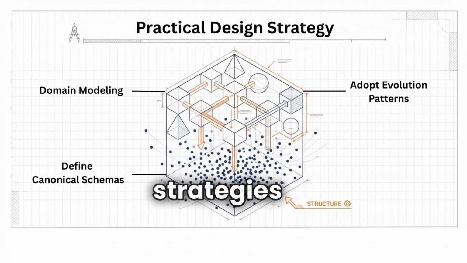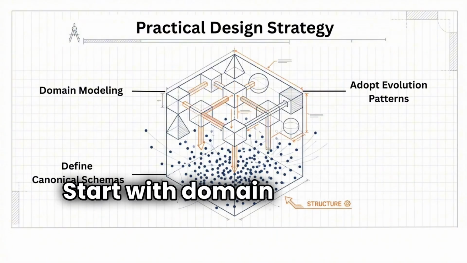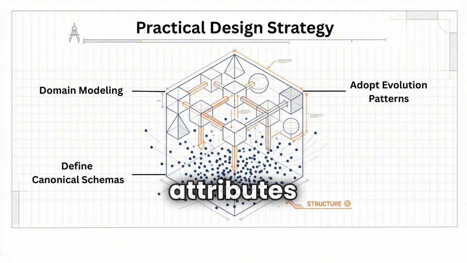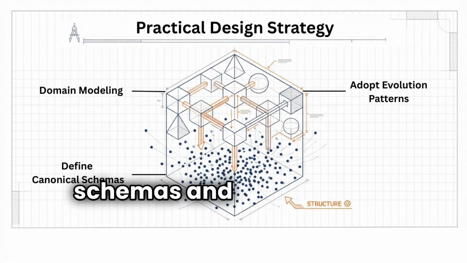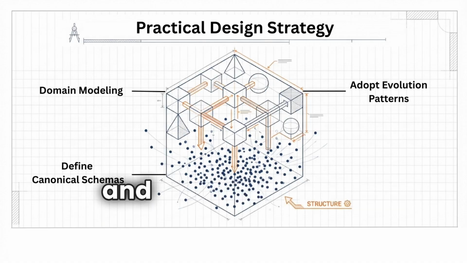What are the practical strategies to design and maintain good structure? Start with domain modeling. Interview stakeholders and document entities, attributes, and relationships. Define canonical schemas and publish them in a registry or contract repository. Use strong typing and units wherever possible and apply validation at ingestion points.